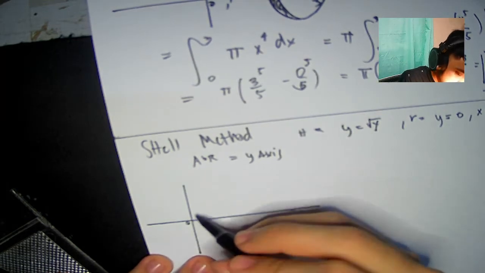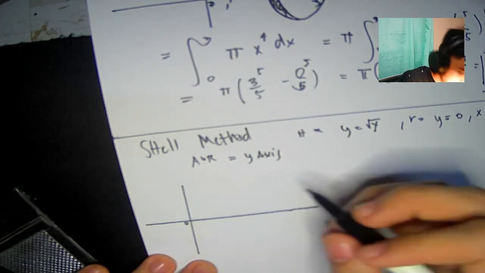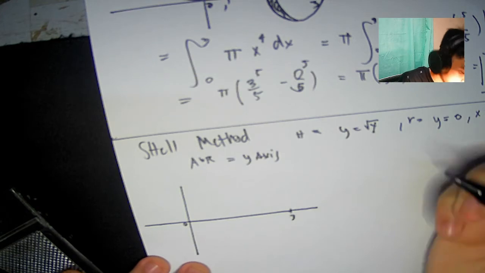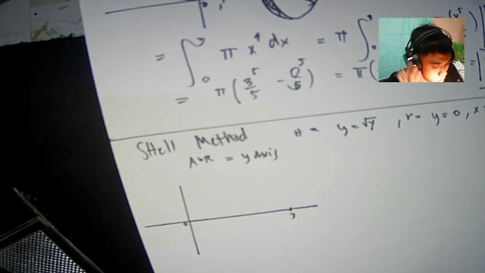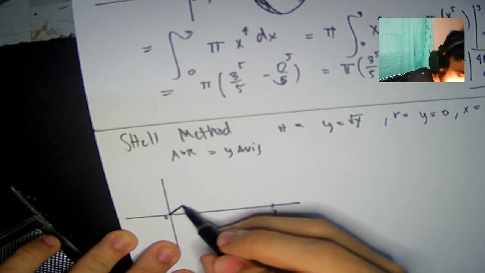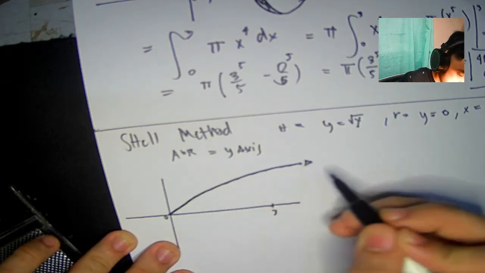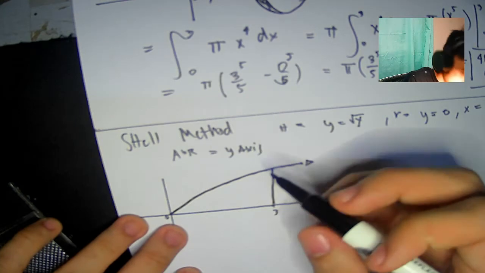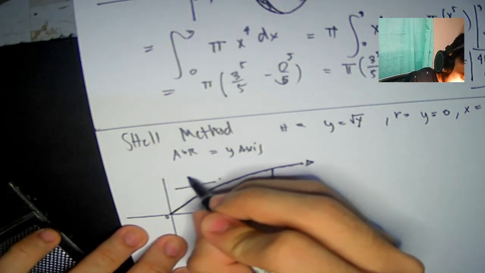So y is 0, 2, 3. So the square root of x. And this is our r, or radius.